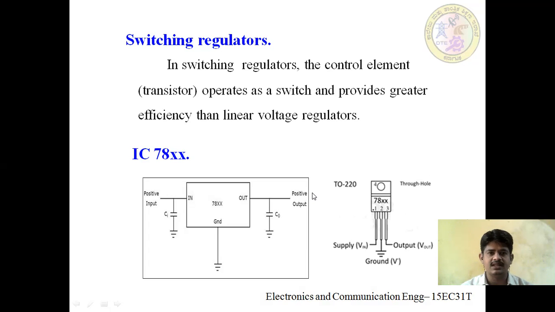Means we are eliminating the AC content in the supply voltage. Similarly, in the output also the same. If there is any AC content present in the output of this 78 series IC, that will be bypassed to the ground. By this, at the output side, you will not have the AC content. So this is the 78 series IC and its internal structure.